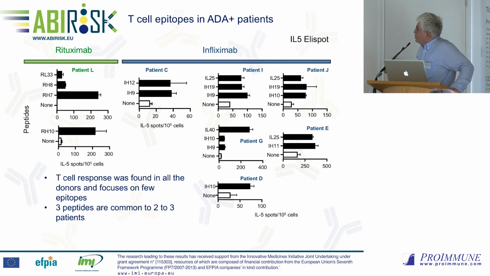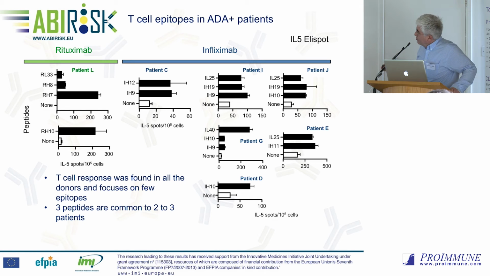For 2 patients, L and C, we applied the complete set of peptides. I mean, the 45 peptides were introduced in the culture and then submitted to the ELISpot assays. And you can see for these donors that there are only 4 epitopes, here, and here, and for the other one, 2.